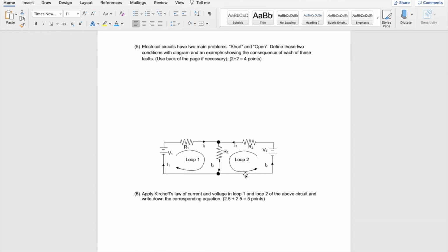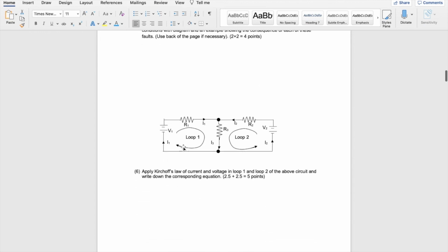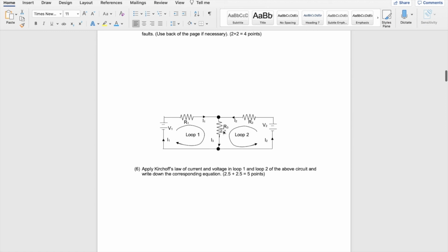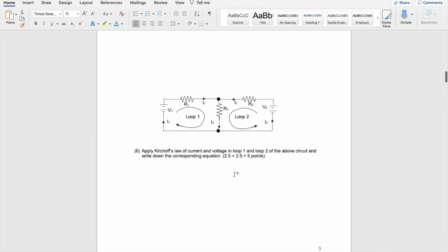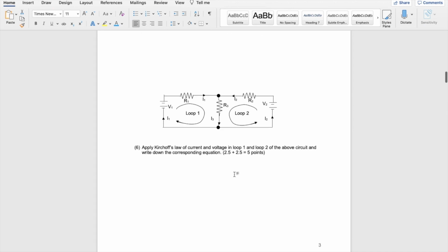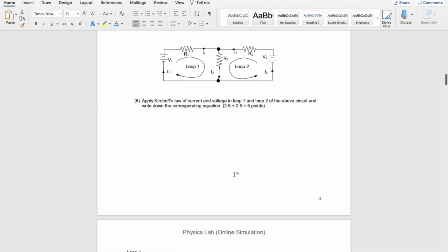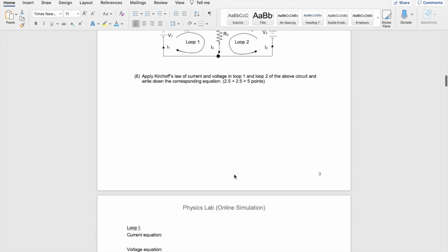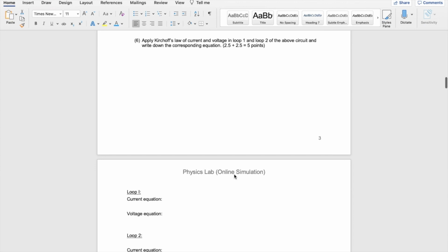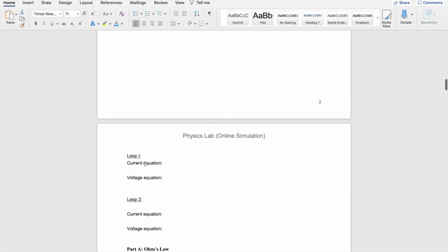And as an example, here's a circuit with two loops, and it asks you to write the Kirchhoff's laws. Based on Kirchhoff's laws, write two equations, I believe, four equations.